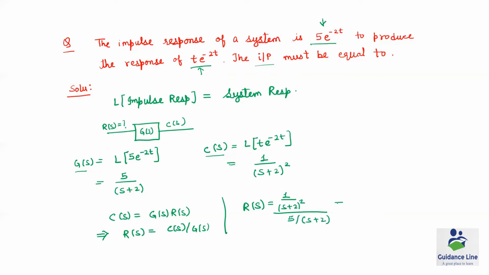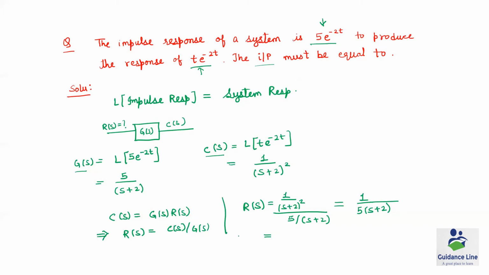So the value is 1 by 5(s+2), and the (s+2) terms over here are cancelled out.